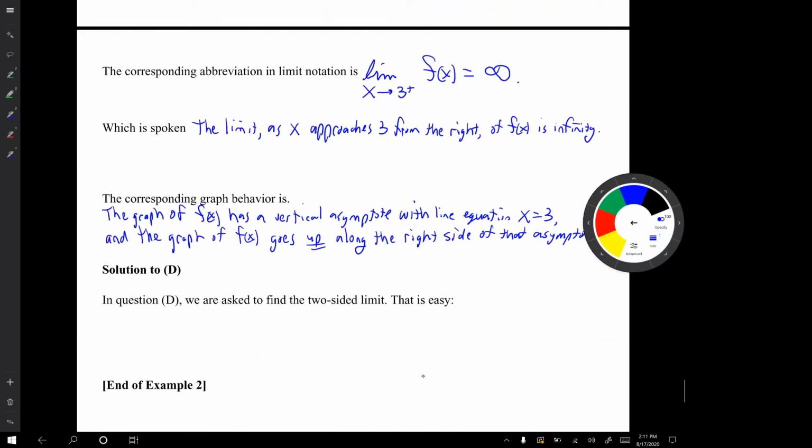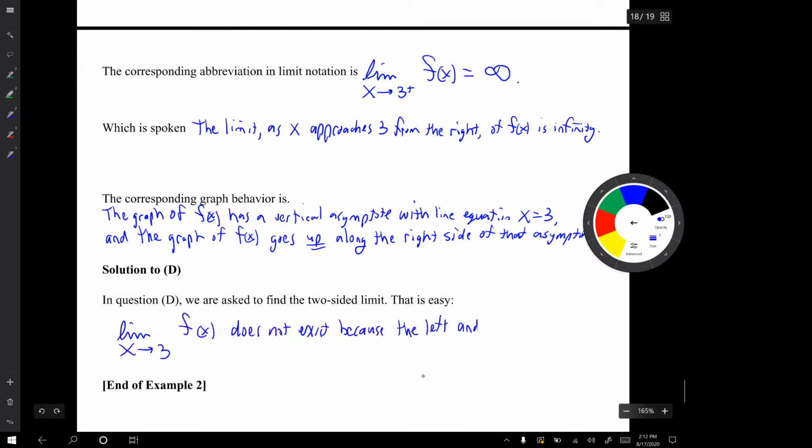In question D, we're asked to find the two-sided limit. That's easy. The limit as x approaches 3 of f of x does not exist because the left and right limits don't match. That's the end of example 2.